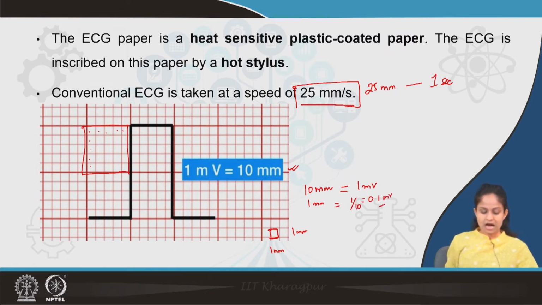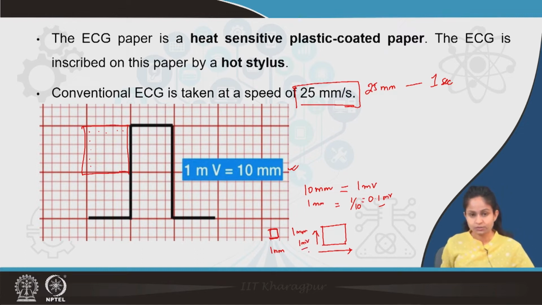So, that means vertically, if this is one small square, this is the vertical and this is the horizontal axis. Vertically 1 millimeter corresponds to 0.1 millivolt, and as I told you, the horizontal axis, that is the x axis, gives you the time.